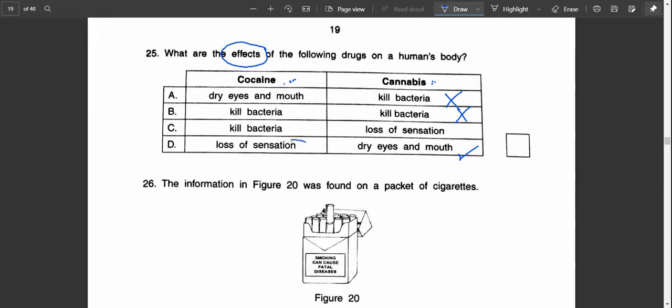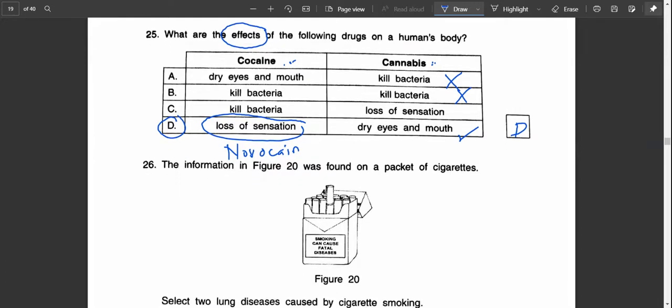So it can cause loss of sensation, therefore the answer is D. The painkiller that we usually use is Novocaine. Cocaine is also used when the pain is very high, a very strong pain, then you're given cocaine as well. This usually happens when a person breaks their leg or has a very heavy injury due to an accident.